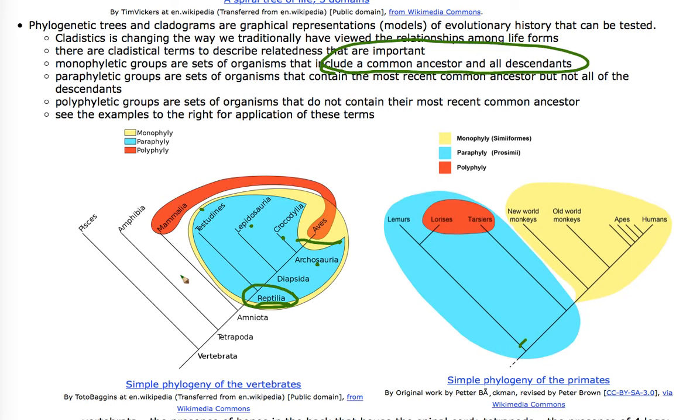If you're missing descendants but you have the ancestors, you have a paraphyletic group. If you're missing the ancestors but you've got all the descendants, you have a polyphyletic group. And if you are missing both ancestors and descendants, you have both a paraphyletic and polyphyletic group. Again, cladistics tries to make groupings that are strictly monophyletic.